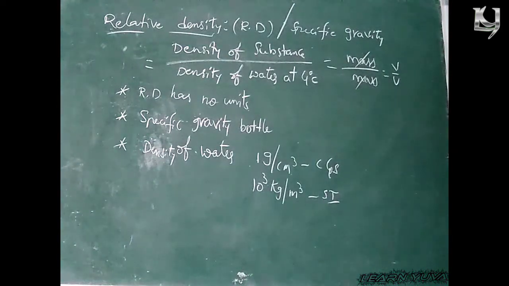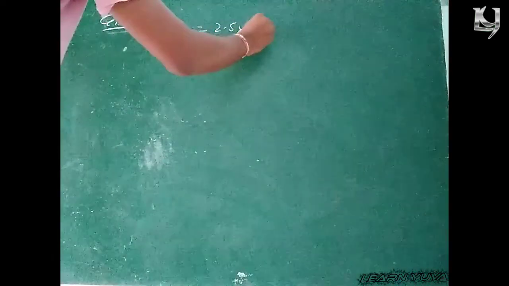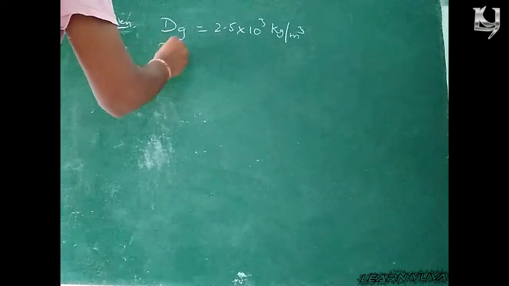Okay, suppose we should do a problem. The density of glass is given. Density of glass is equal to 2.5 into 10 power 3 kg by meter cube, and find out relative density.